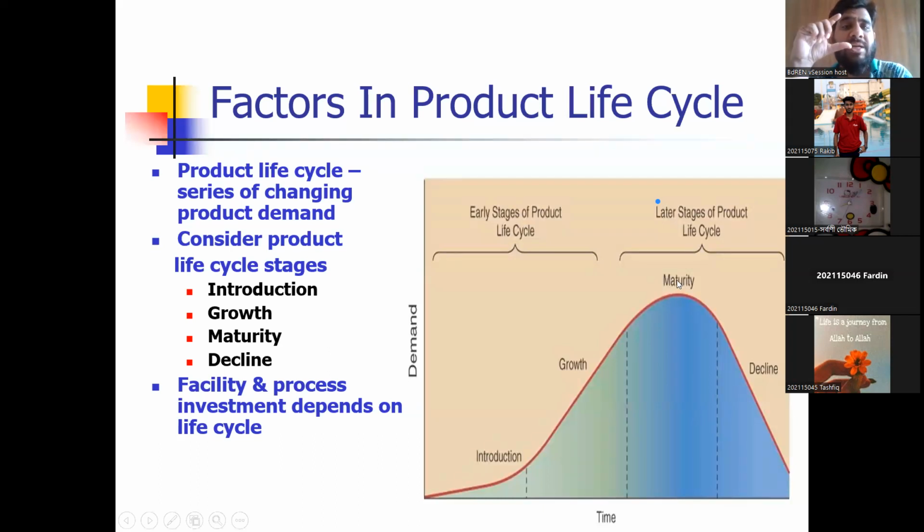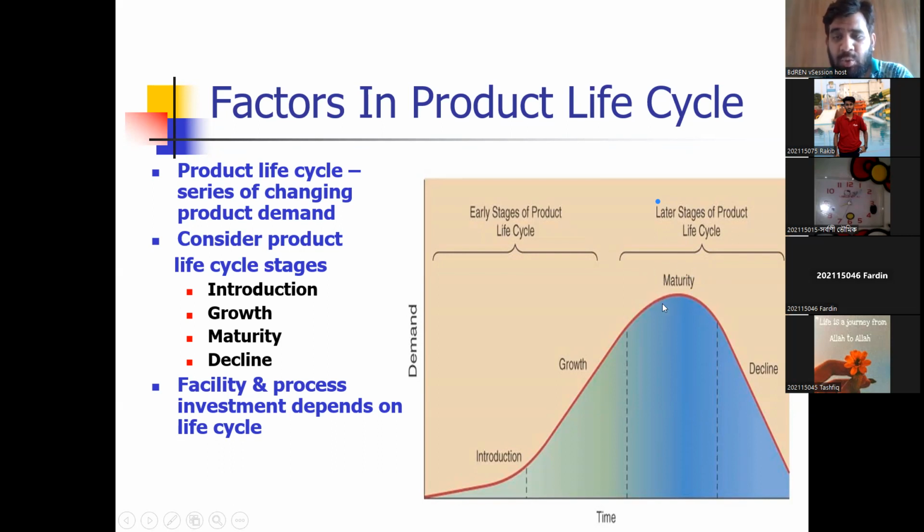That means the product is at its peak level. Everybody is buying, the product is popular, but maybe an alternate product is coming and nobody will use it, and the product will go into decline. So for new product design, you will not choose any mature product.